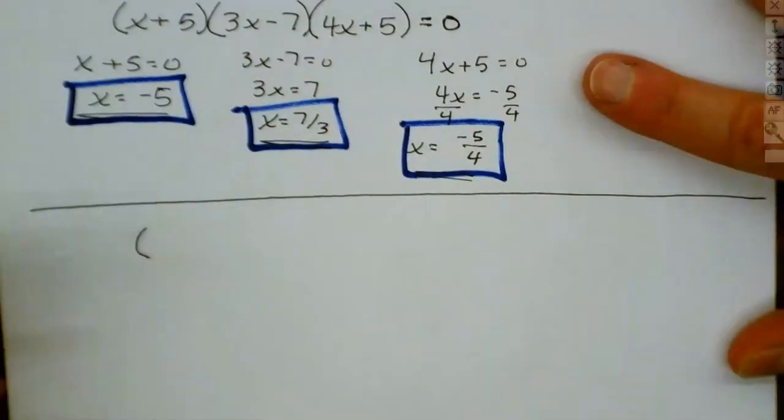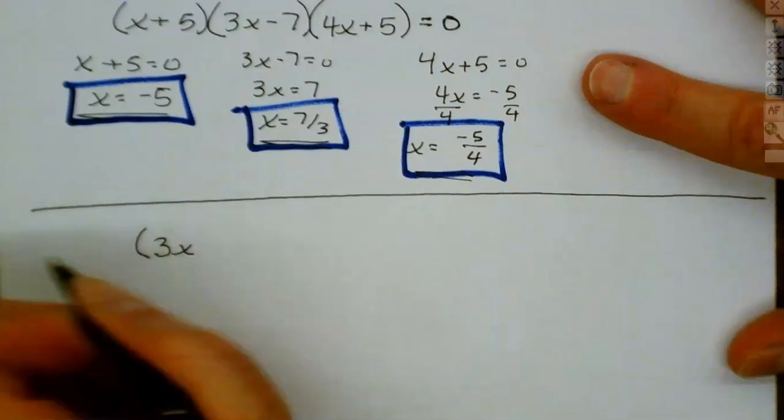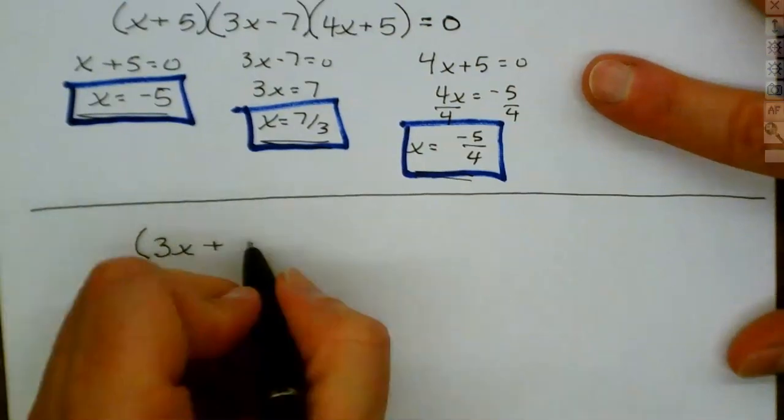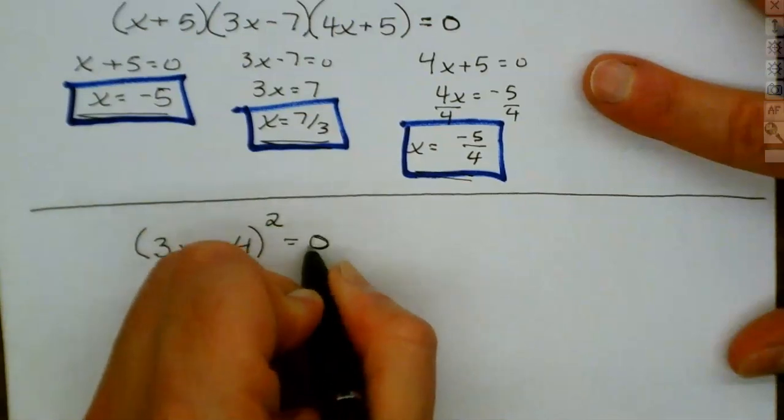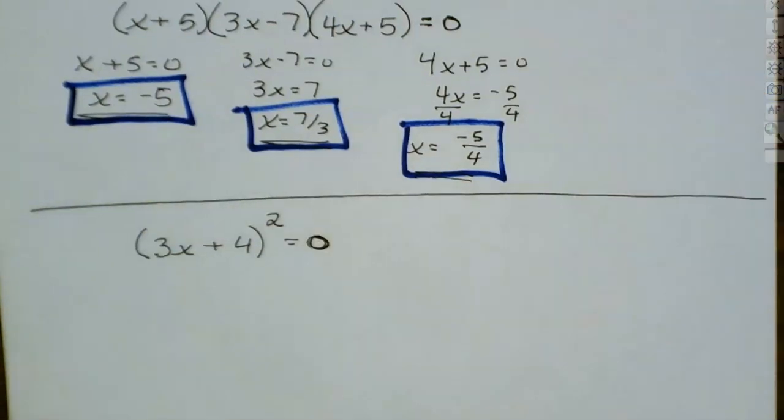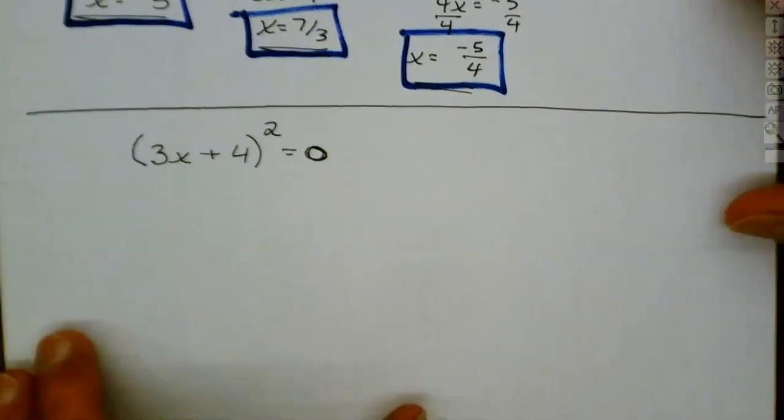I can also give you something like this. I can give you a quantity squared like this one. Now, what does it mean if it's squared like that? When we have it squared like that, we are not going to FOIL it out.